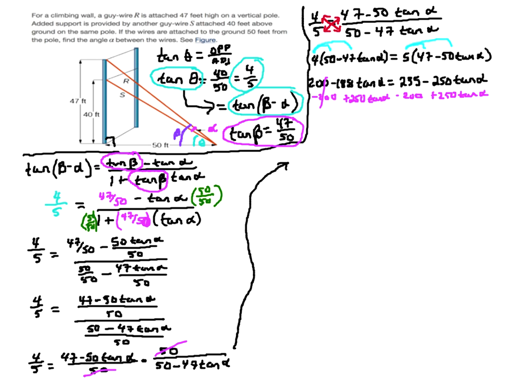So those 200s make a zero pair, and this negative 250 tangent alpha and positive 250 tangent alpha make a zero pair. So now I have positive 250 tangent alpha and negative 188. I'm sorry, not negative 188. Is it negative? Uh-oh. I didn't have it as negative. It should be positive. Where have I messed up?